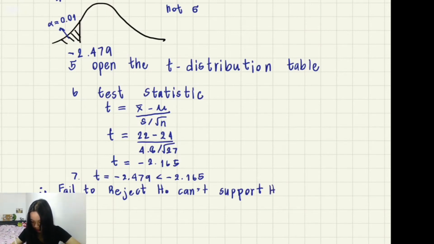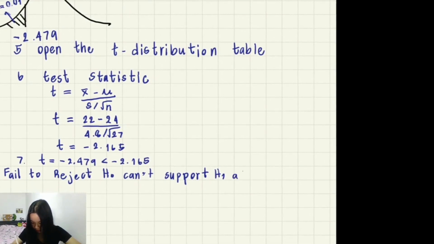the alternative hypothesis at alpha equals 0.01.